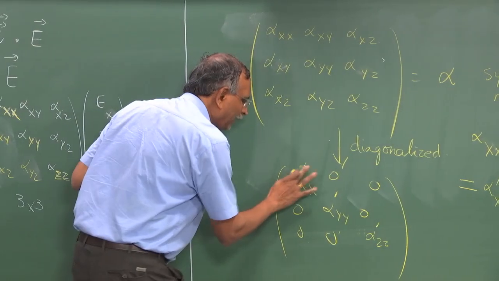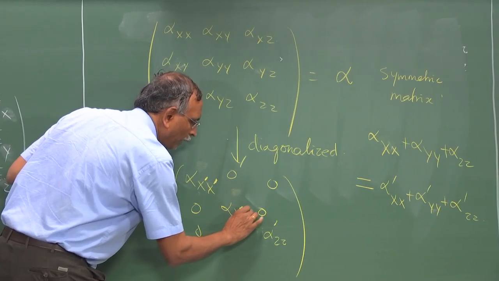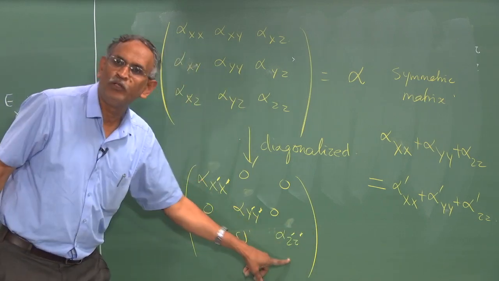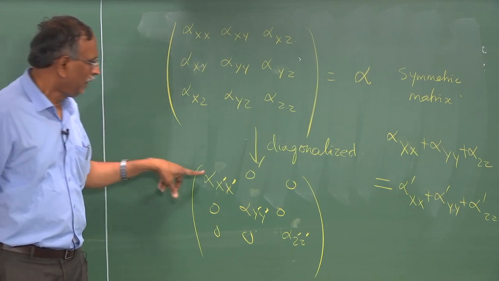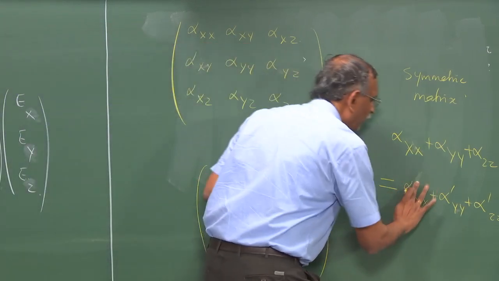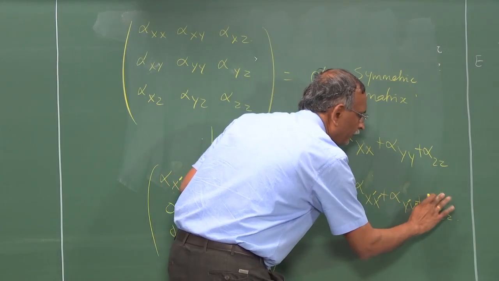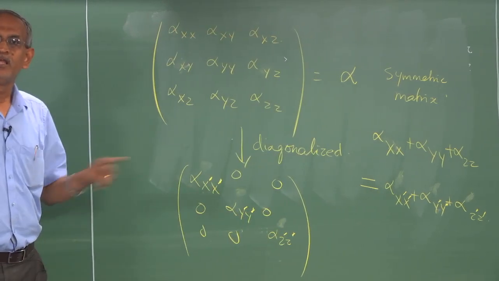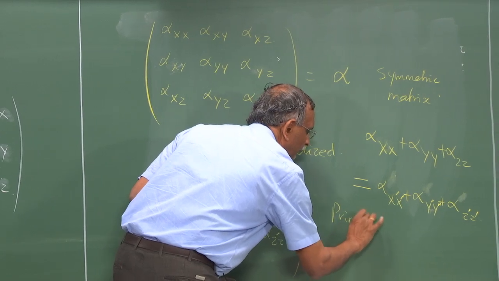Okay. So better would be to write this as x prime, y prime, z prime to indicate that we have a new axis system. This is some fixed axis system, and in the new axis system we have only 3 quantities, and therefore accordingly this will also be x prime, y prime, and z prime. This axis system is called the principal axis system.